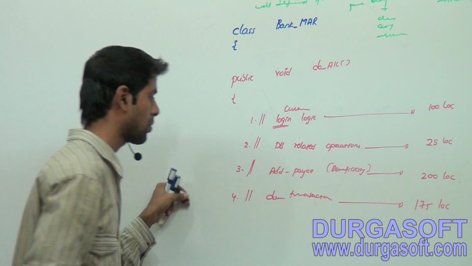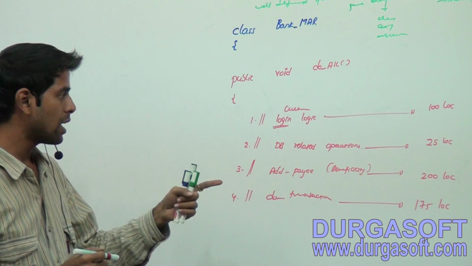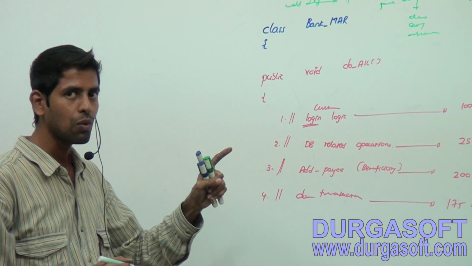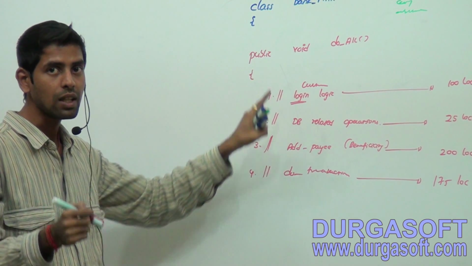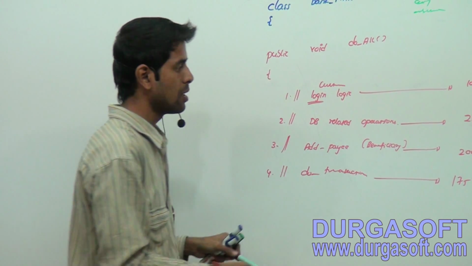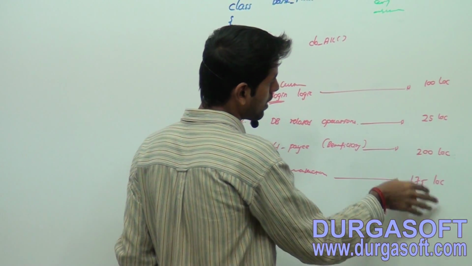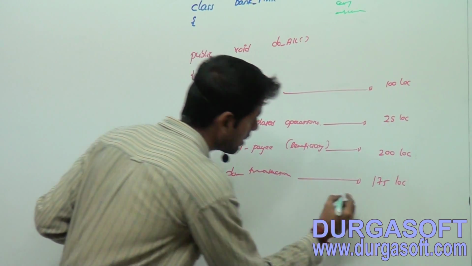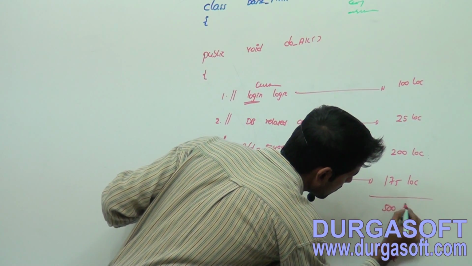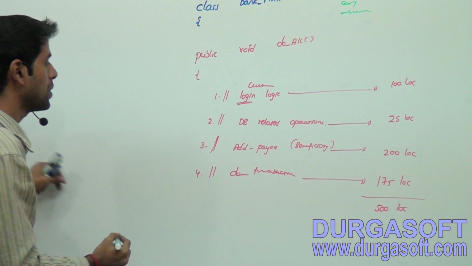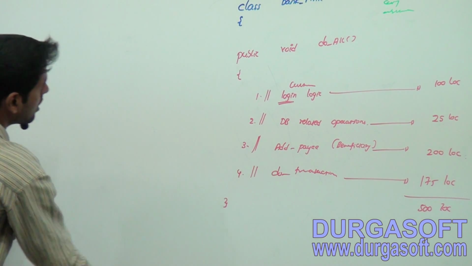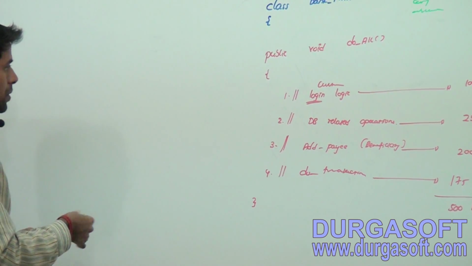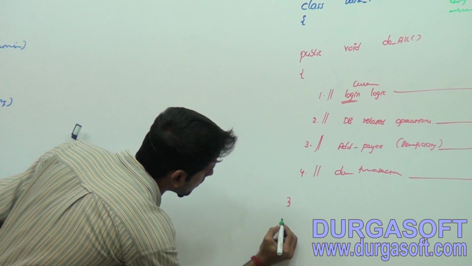Let it be 175. Now altogether, how many lines of code am I maintaining within a method? 200, 400, 500 lines of code within a single method.